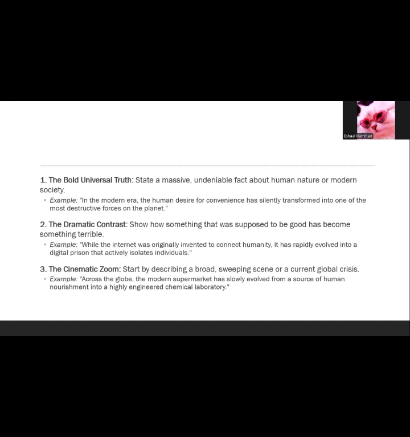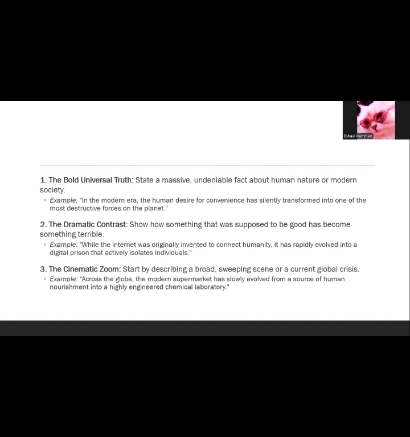Third thing, the cinematic zoom. You may start by describing a broad, sweeping scene or a current global crisis. For example, across the globe, the modern supermarket has slowly evolved from a source of human nourishment into a highly engineered chemical laboratory.